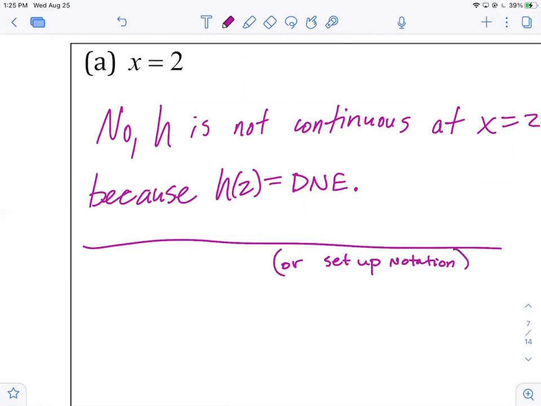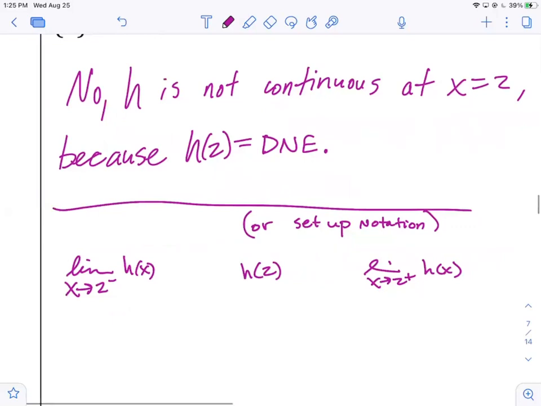So I would say, what would be the limit as x approaches 2 from the left of h of x? What is h of 2? And what is the limit as x goes to 2 from the right of h of x? Okay? And when you write it like that, you make columns for the work. So your first column is the road in, second column is the bridge, third column is the road out, right?